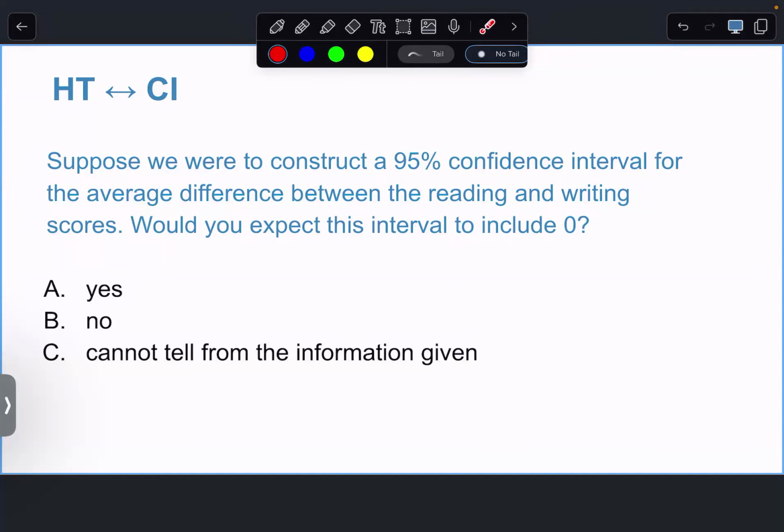And so here H0 is that mu diff is equal to 0. This 0 is the null value from the null hypothesis. If the null value is in the interval, then you don't have enough evidence to reject H0.